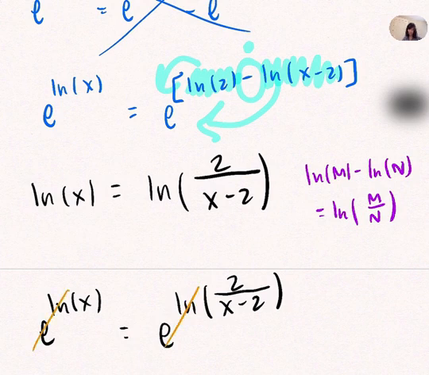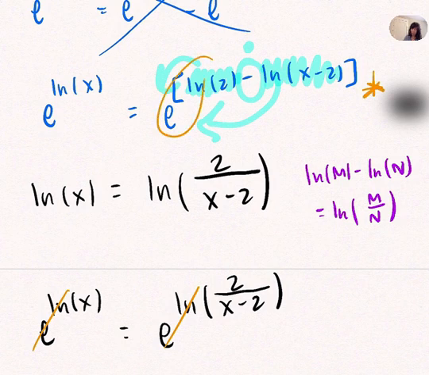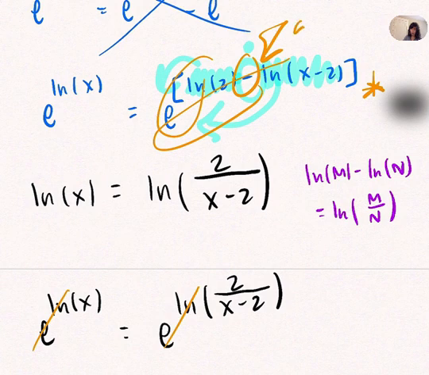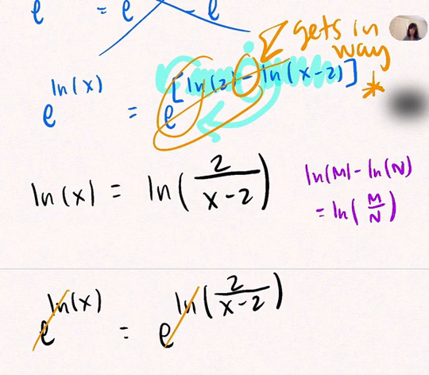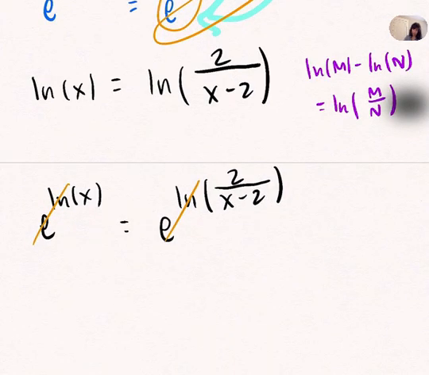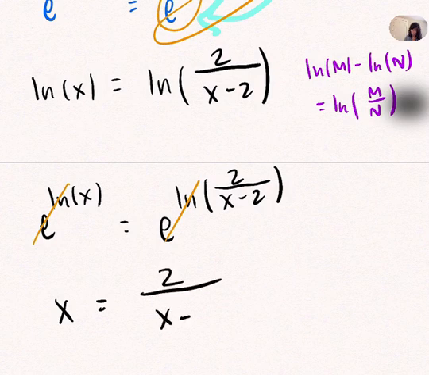Whereas before, up here, these would not cancel away because of the minus sign. It gets in the way. So if you have a single log, you don't have to worry about that. So we can simplify this into x equals 2 over x minus 2.